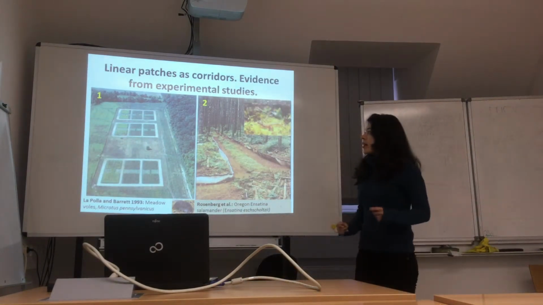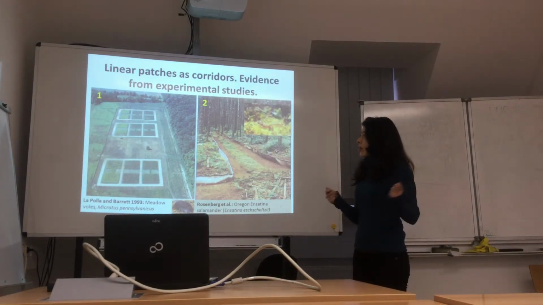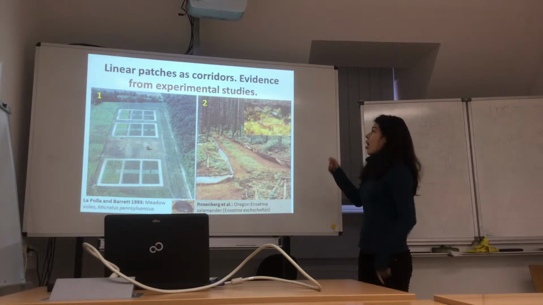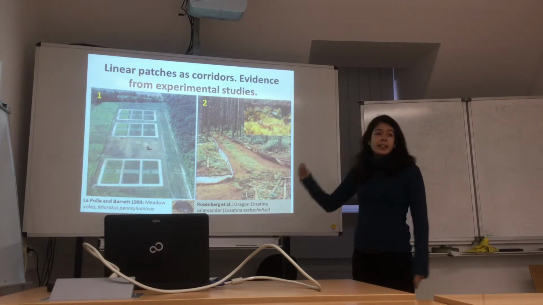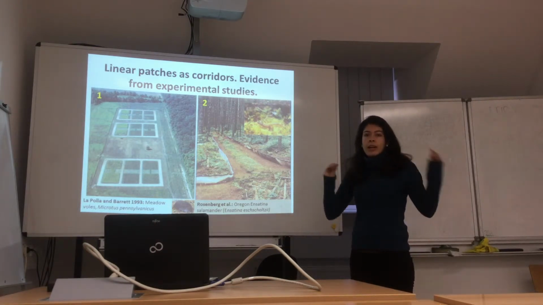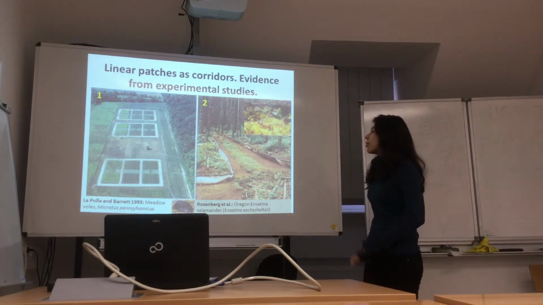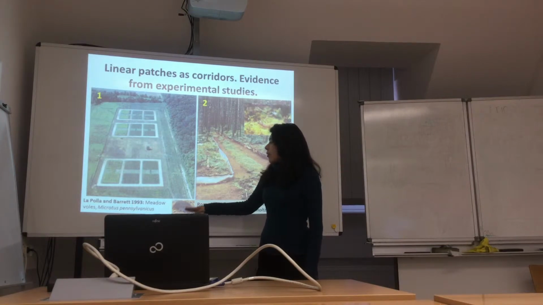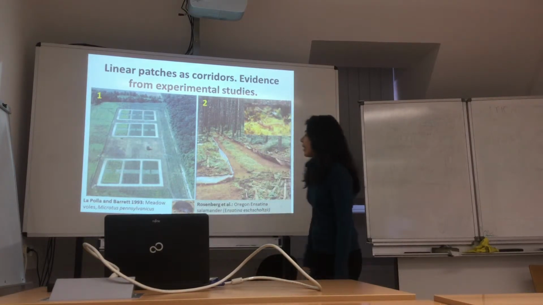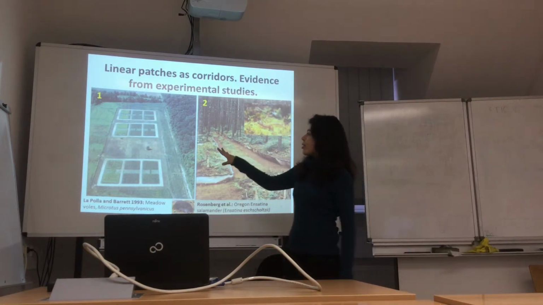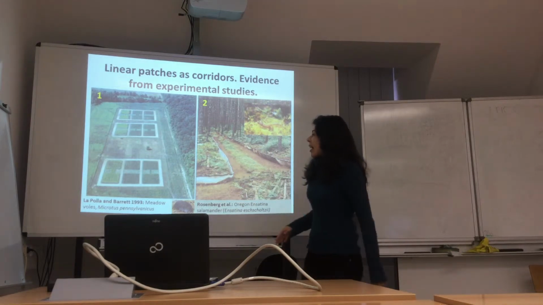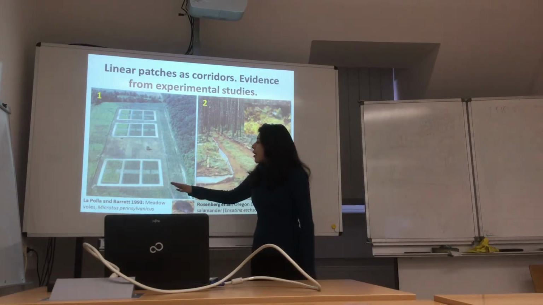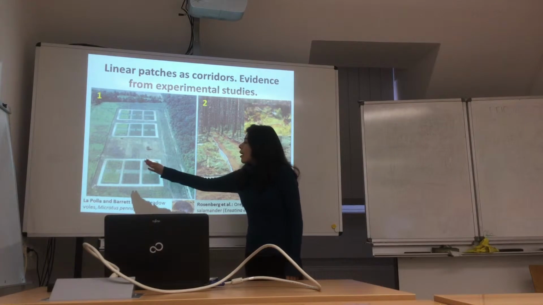And that is why the authors of this paper stress the importance of experimental studies to measure all these parameters that you have to take into account. One example was this first study with this other rodent, the vole. So they set some plots, and as you can see, the design was two patches that were not connected.